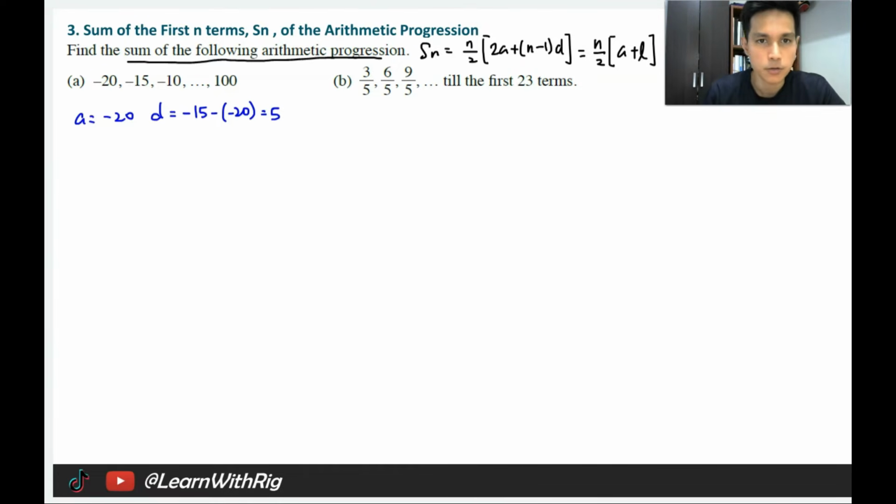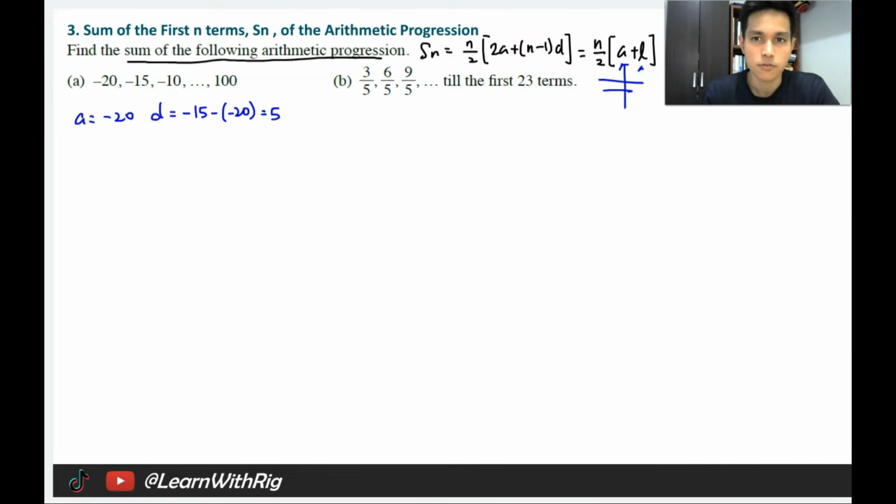But they gave you the final term as well. You see there is no more continuation, right? 100 is the last value of that sequence. So from here, you can use this formula. But the problem is, you already have your a value and your final term, the L value, but you don't know what your n value is.